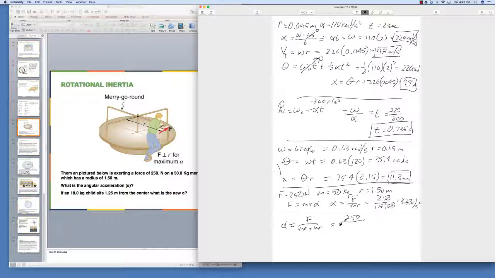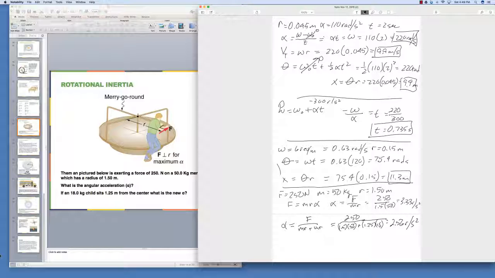So that's going to be 250 divided by 1.5 times 50 plus 1.25 times 18. And if you do that, you get an answer of 2.56 radians per second squared. So adding a child adds an additional impediment to the circular motion and leads to a decrease in the rotational acceleration.